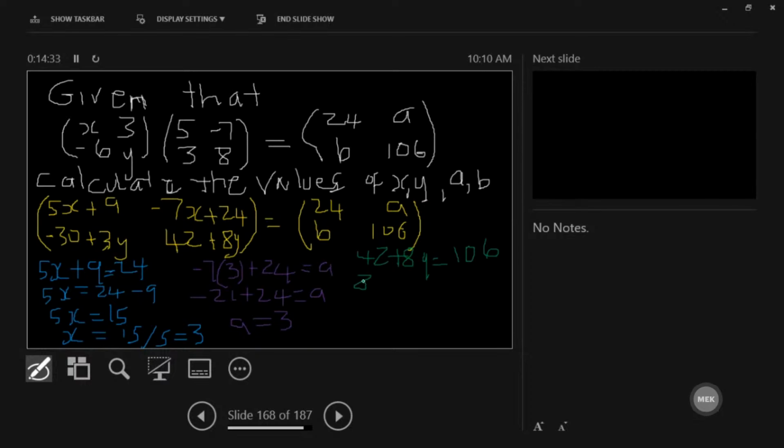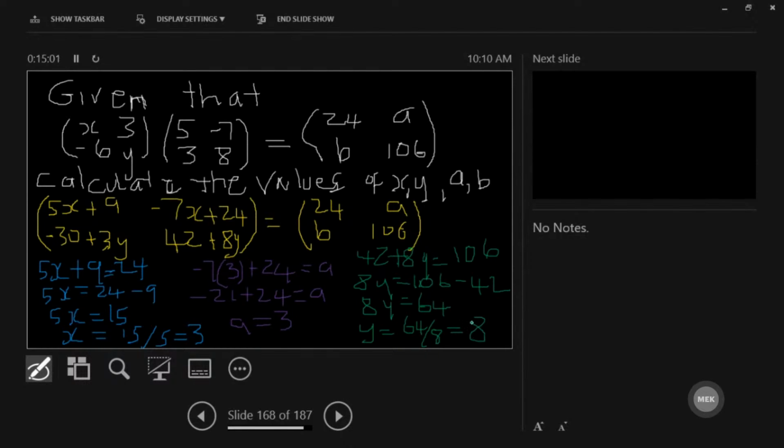So 8y is equal to 106 minus 42, which is 64. So 8y is 64. So y would be equal to 64 divided by 8, which is 8. So y is equal to 8.